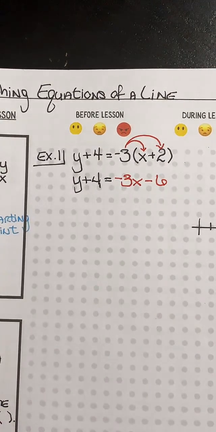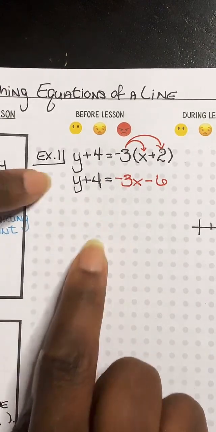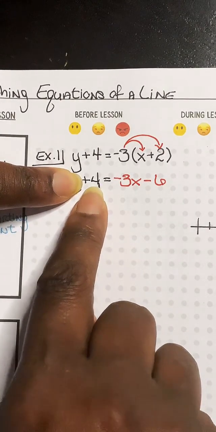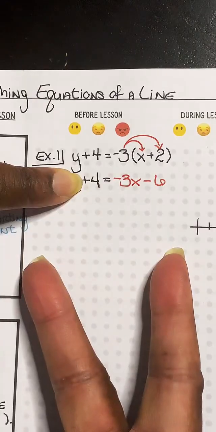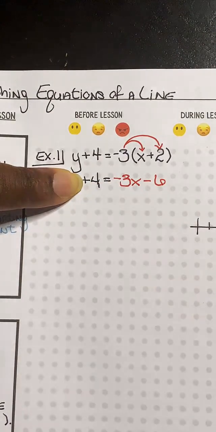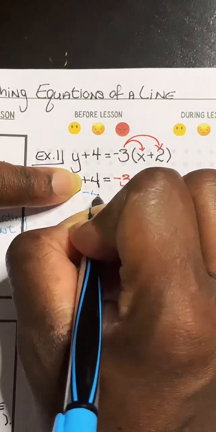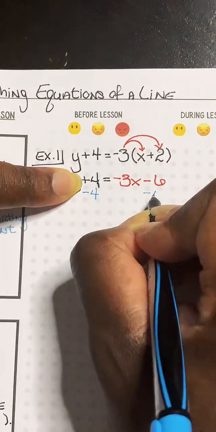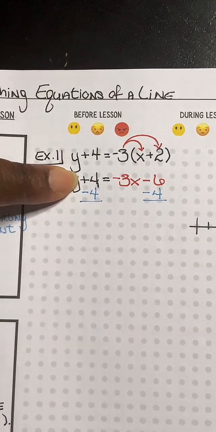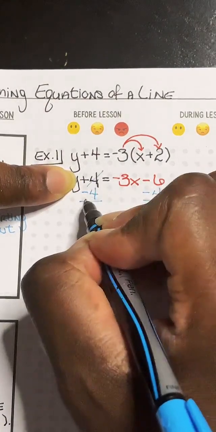So now that we have that, we want to get y by itself. That y is going to stay right where it is. That means this plus 4 needs to go in an opposite direction and go away to the other side of the equal sign. So what I mean by that is we're going to subtract 4 on both sides. The reason why I'm going to subtract 4 is because a positive 4 minus 4 gives me 0.